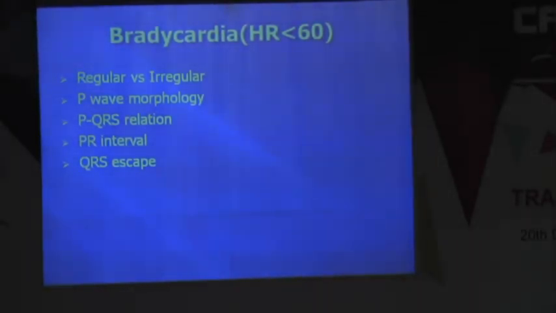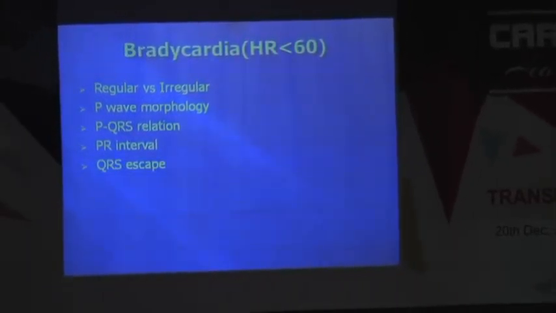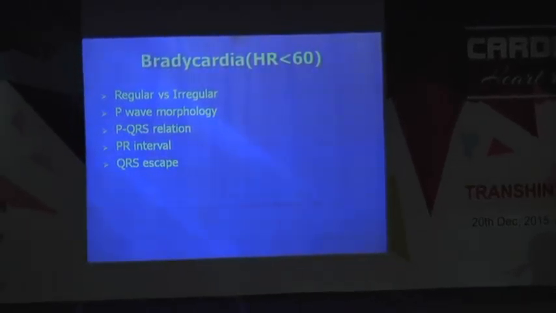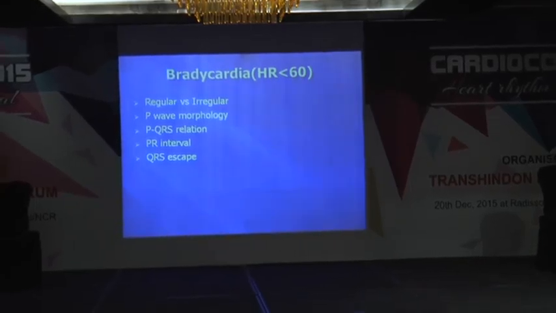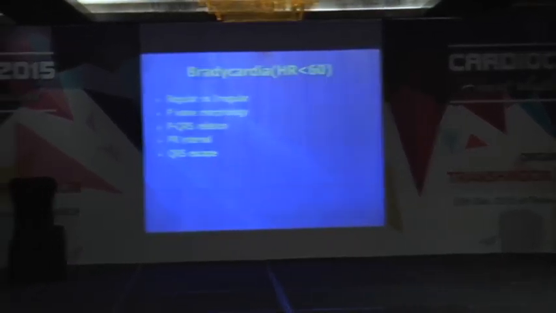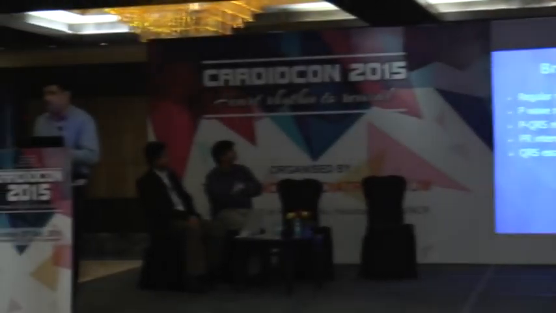So bradycardia, again: if the rate is slow, look for whether it is regular or irregular. If it is irregular, either it is sinus arrhythmia, or wandering pacemaker syndrome, or there is any AV block, that is type 1 second degree AV block. Now the P wave morphology, whether it's originating from sinus or there are multiple P wave morphologies. The P and QRS relation, whether it's a 1:1 relationship.